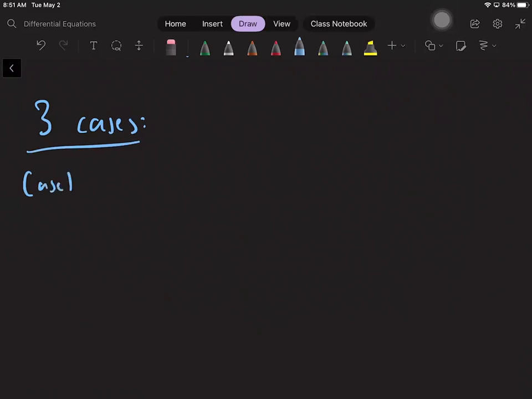So case 1. This is what the examples showed us. R1 is bigger than R2. They're distinct values. I'm just picking the bigger one to go first.